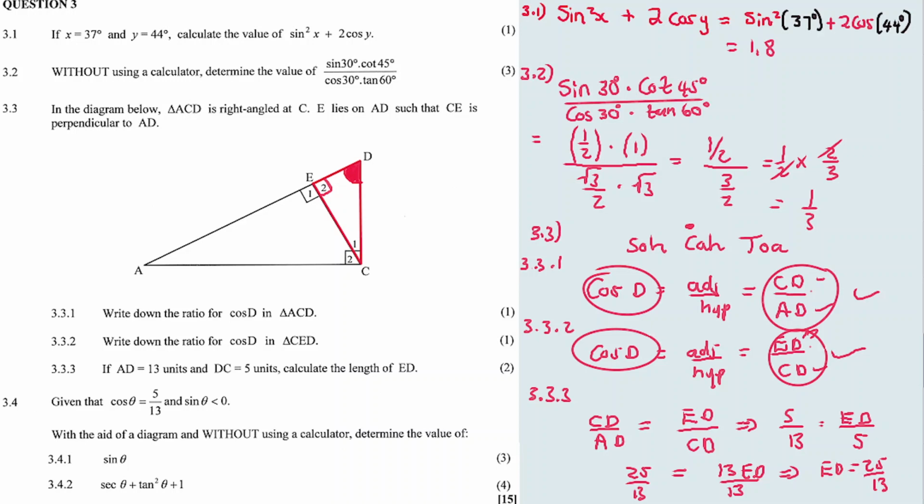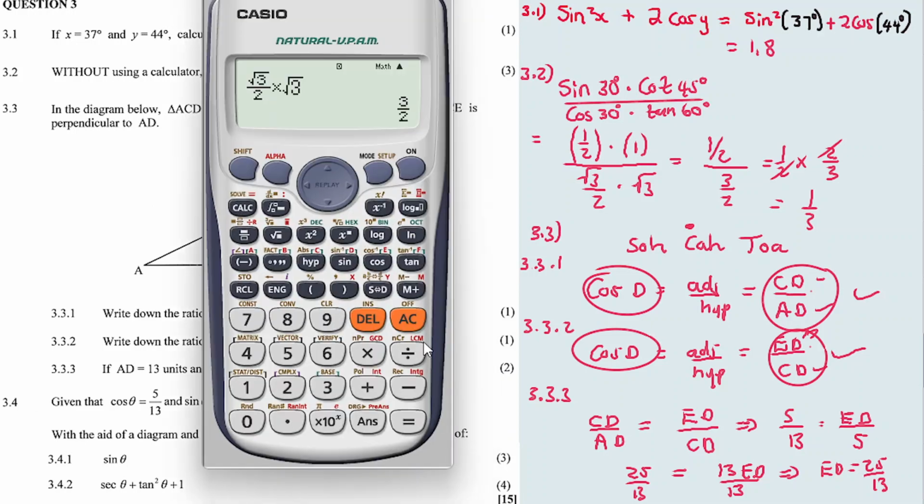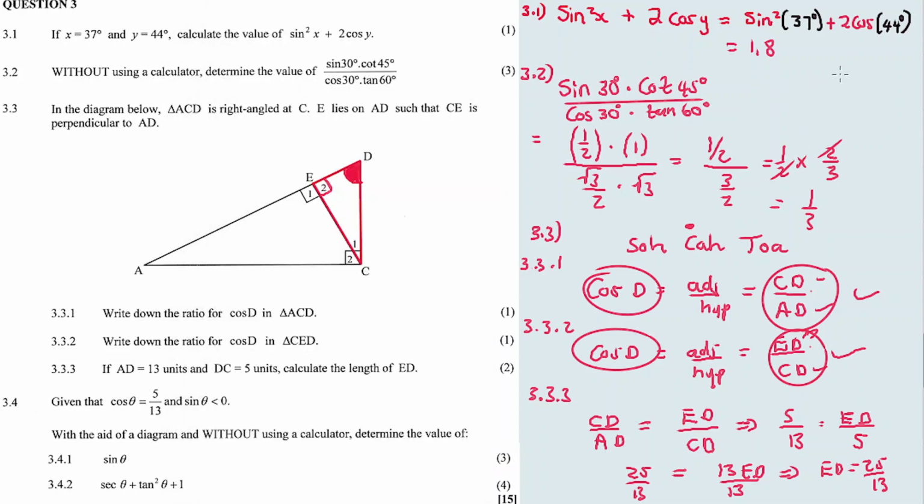So now answer maybe singayibhala in a decimal form. 25 divided by 13 is equal to 1.92. 1.92 angisana space kahle, so ED is equal to 1.92. So this is our answer for 3.3.3.